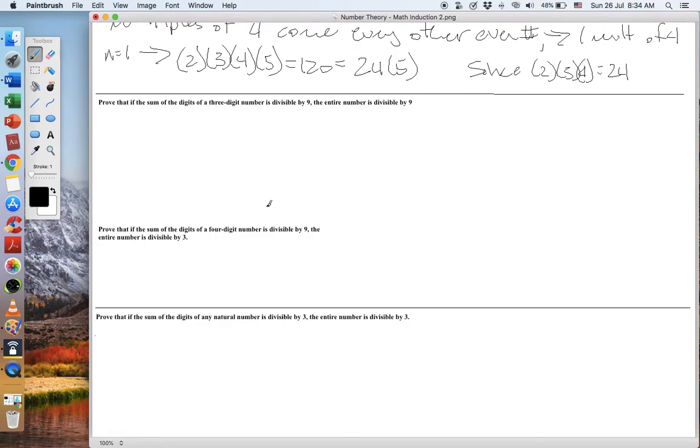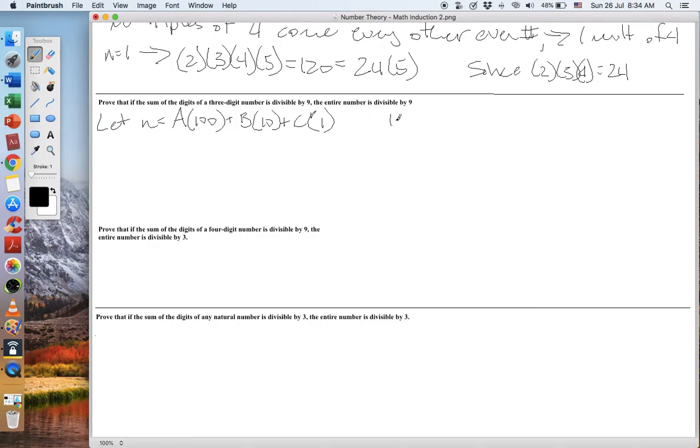Next one. Prove that if the sum of the digits of a 3-digit number is divisible by 9, then the entire number is divisible by 9. And so let's say we're going to let n equal a times 100 plus b times 10 plus c, working in the decimal system here. So we've got a hundreds place, a tens place, and a ones place.